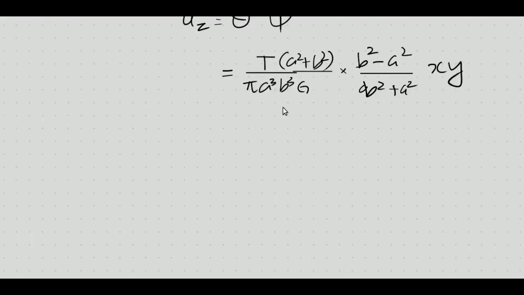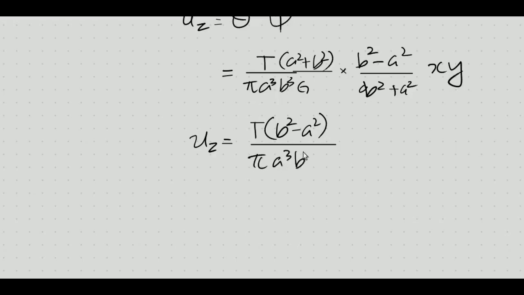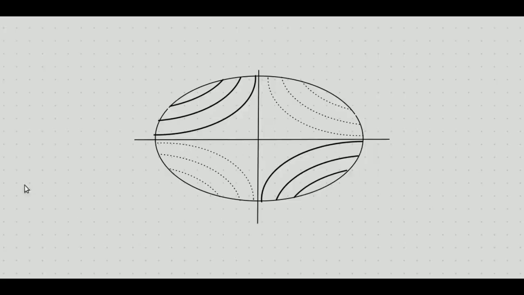Cancelling out these terms, we get uz = T (b² − a²) divided by π a³ b³ G into xy, and the contour lines giving uz equal to a constant are hyperbolas.